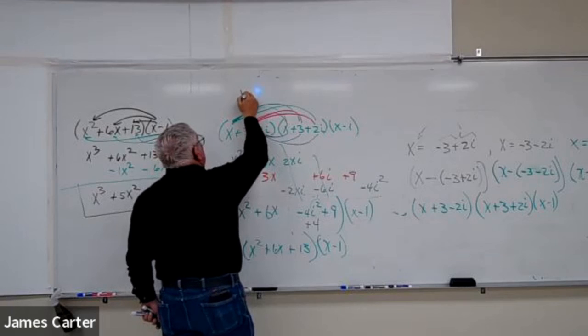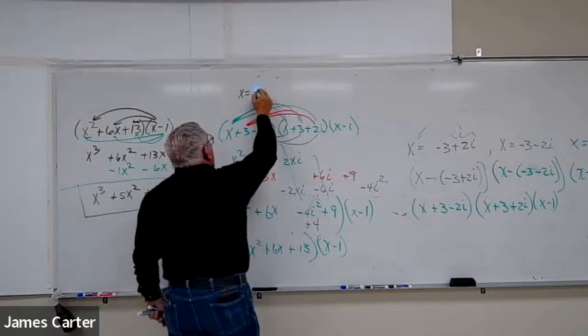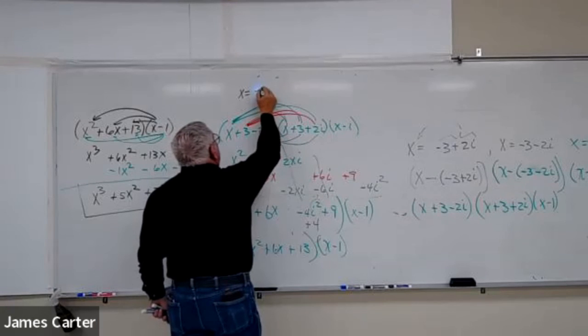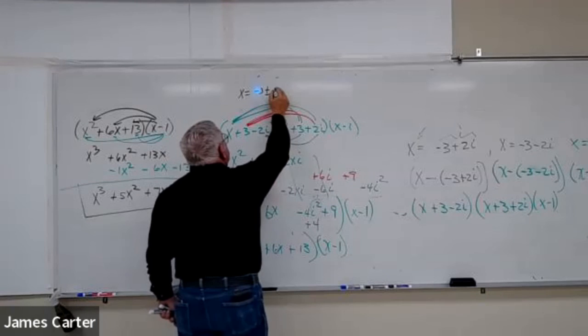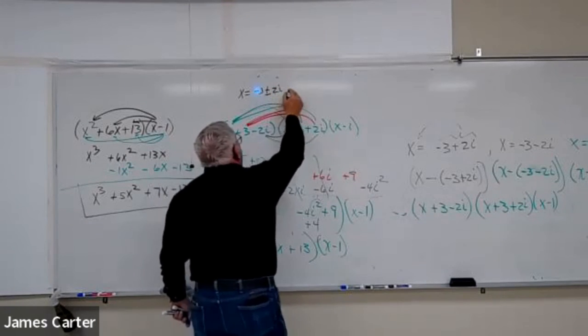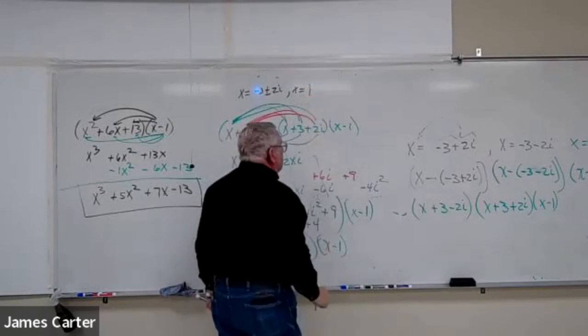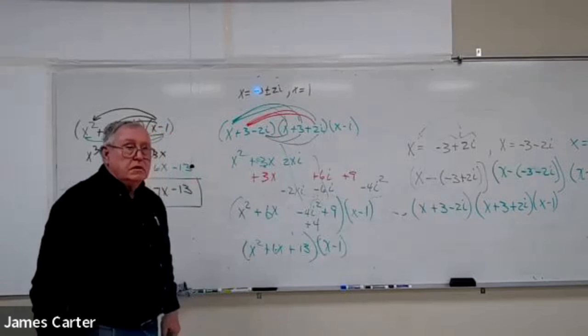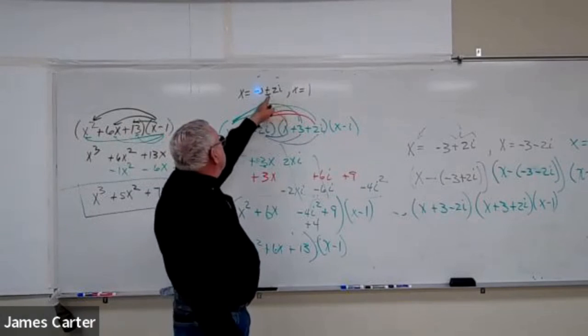In this case, the original, they told you x equals negative 3 plus or minus 2i, and x equals 1. Okay. This is what they gave you originally.